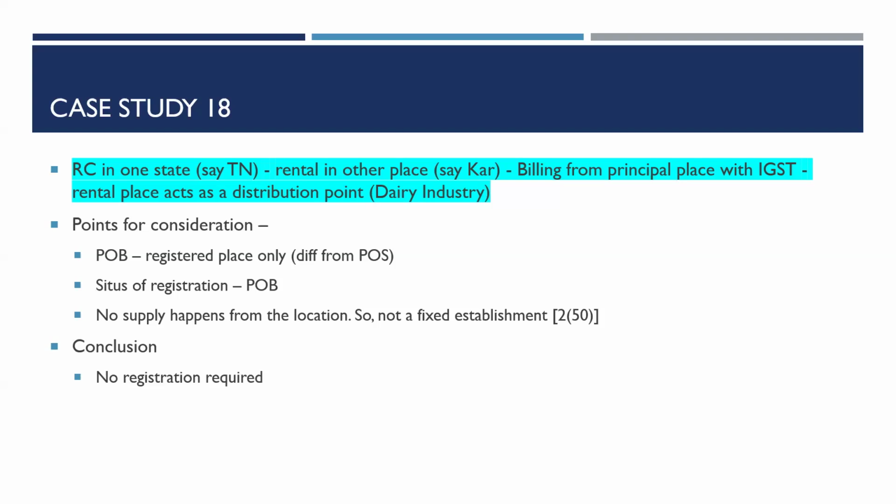So if that being the case, at the beginning of the journey itself, you know that this destination is going to be a temporary, small warehouse kind of place, a temporary setup. In that case, it will be a fixed establishment, then in registration you will have to add it as an additional place of business.